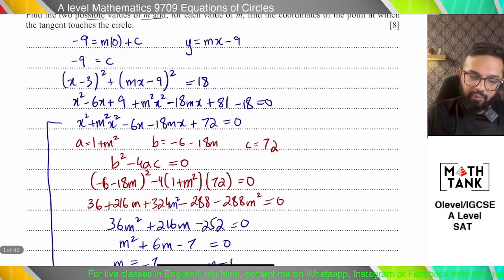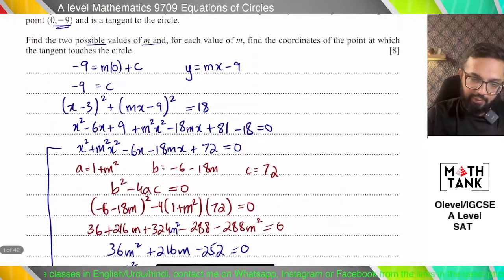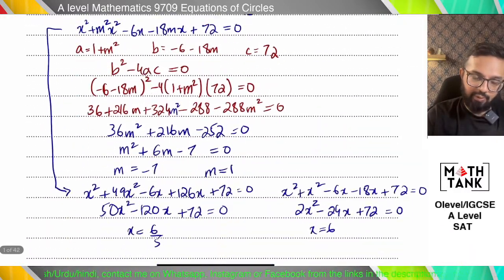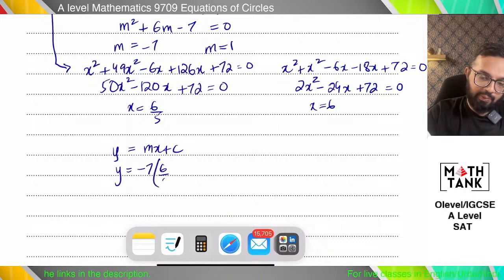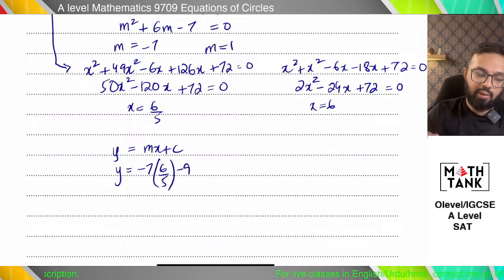Okay, I have the two values of m, and I need to find the coordinates of the point at which the tangent touches the circle. So y = mx + c. m was −7, x is 6/5, and c is −9.